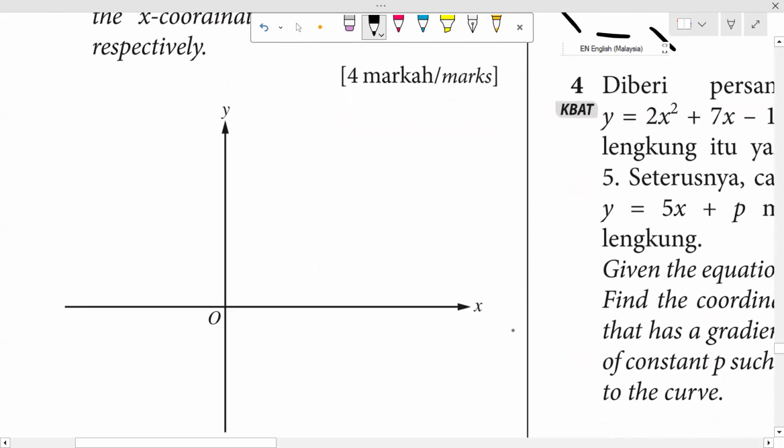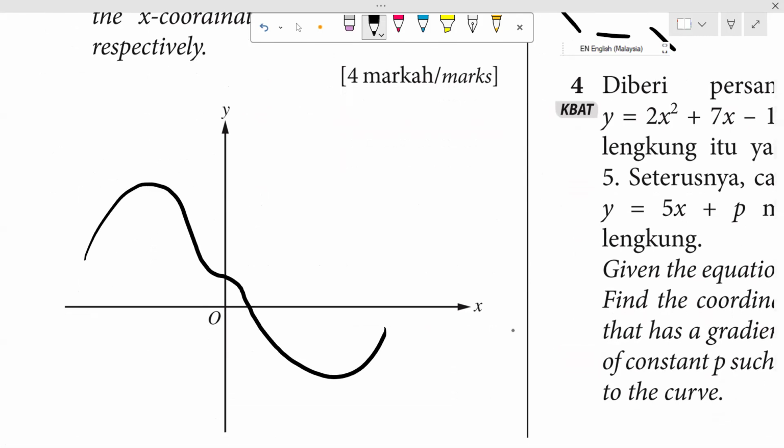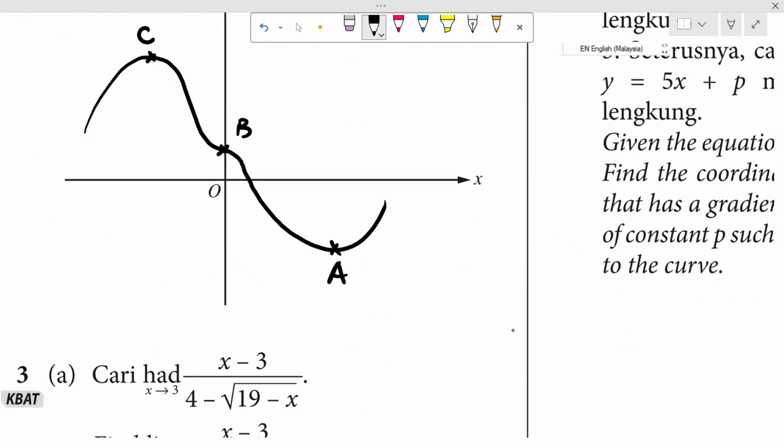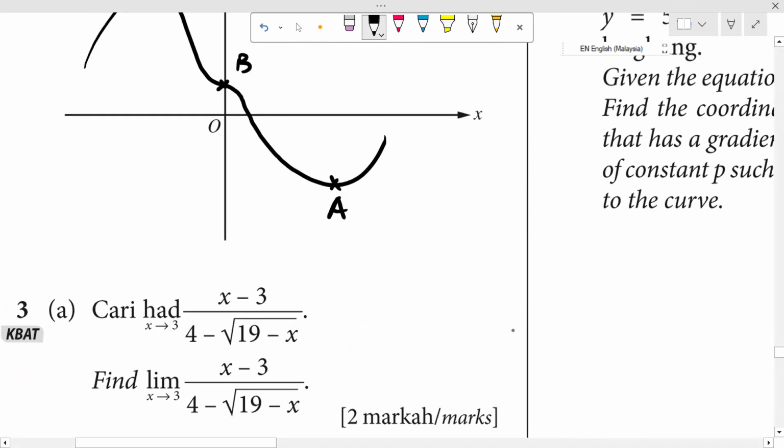I have to sketch in such a way that the graph could be like this. Okay, so this will be my point C. This is my point B. My A is minimum. Wait, is A minimum? Yes. This is my point A. You just sketch anywhere as long as I see this. Or you can sketch the other way around.